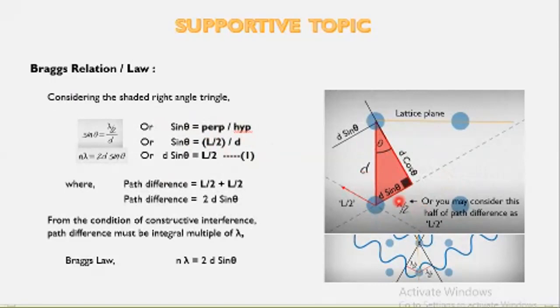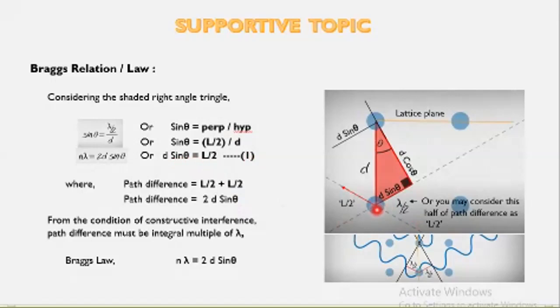So we label our perpendicular as L by 2, substituting it over d. Now, the main point here is we have derived this relation that d sine theta is equal to L by 2.